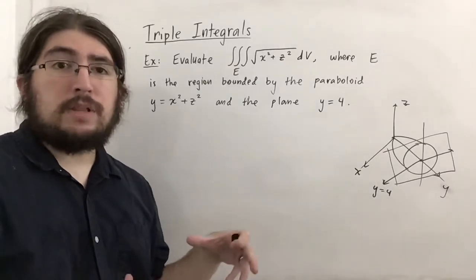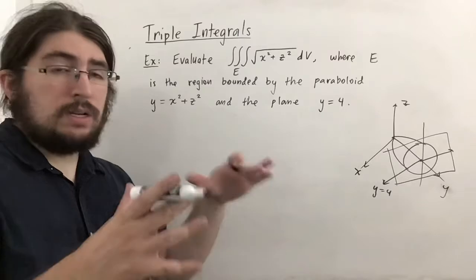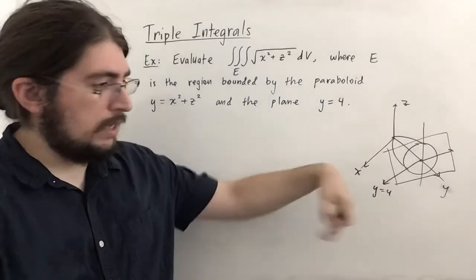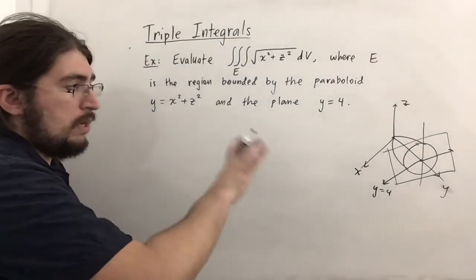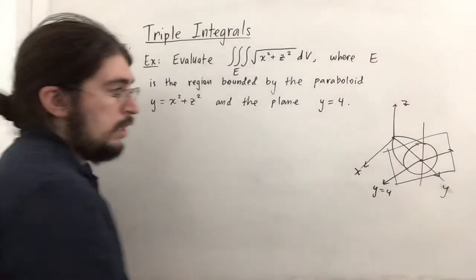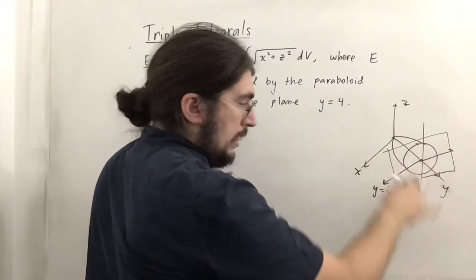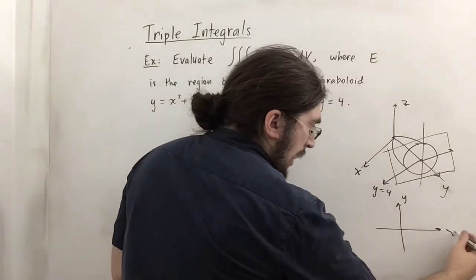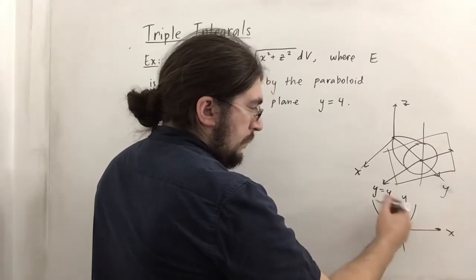Now, the bowl shape really is a paraboloid, and a paraboloid is essentially what you get if you imagine rotating a parabola around the y-axis into the third dimension like that. So in fact, if you want to treat this as a type 1 integral, then its projection onto the xy plane, you end up getting this parabola.